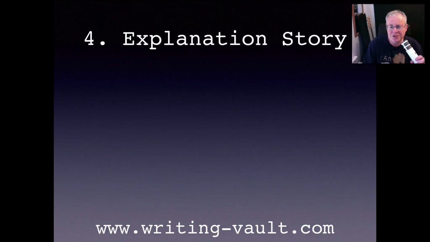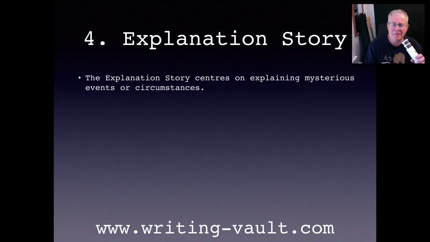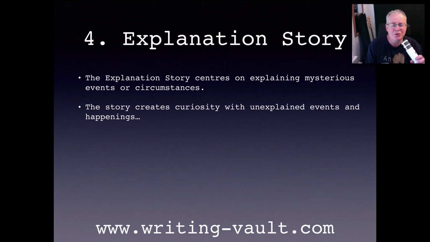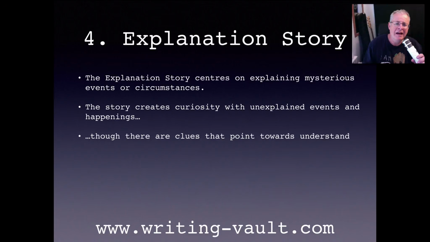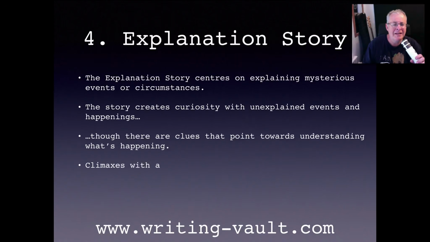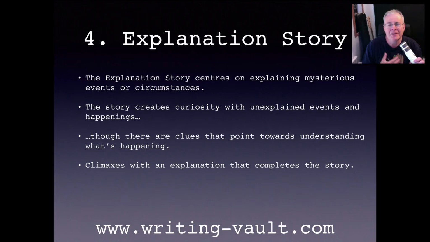The explanation story is the fourth type that Knight identified, and this story type centers on explaining mysterious events or circumstances. The story creates ongoing curiosity with unexplained events and happenings, and though there are clues that point towards understanding what's happening, it's not till the climax where there's an explanation that completes the story and makes sense of everything.